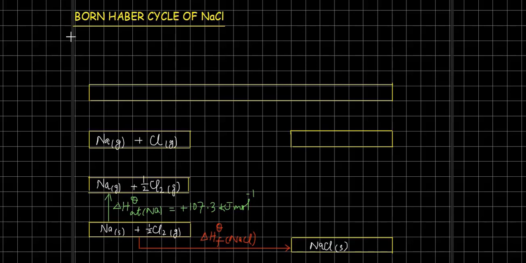The enthalpy change involved will be the standard enthalpy change of atomization of chlorine, and its value is plus 121.3 kilojoule per mole.